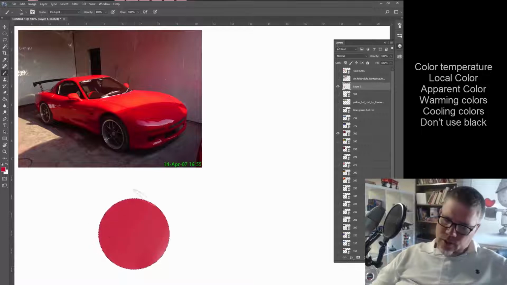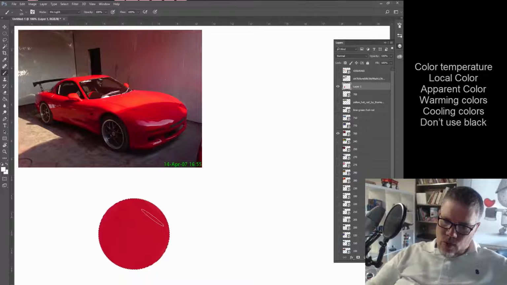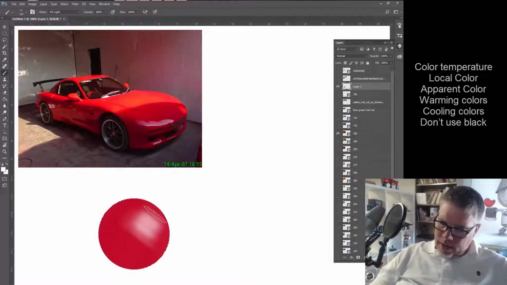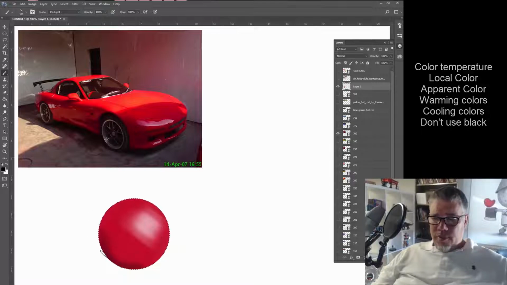The natural thing to do is to go ahead and try to show dimension on that ball by maybe taking some white and then maybe taking some black, right, and adding a shadow in there, and kind of calling it good, right?